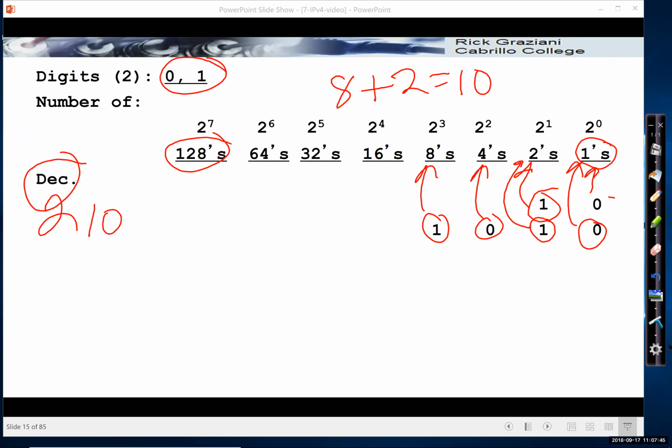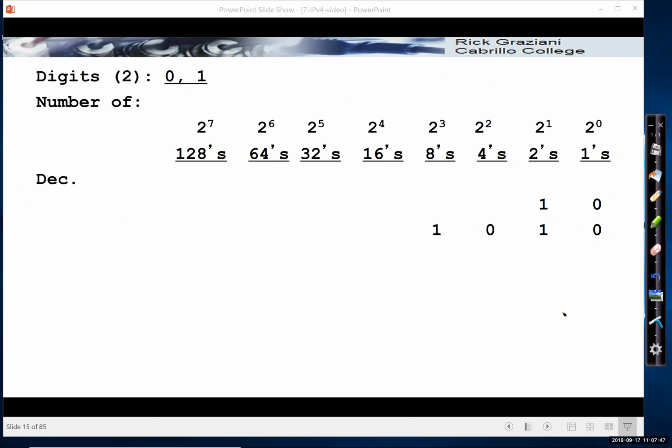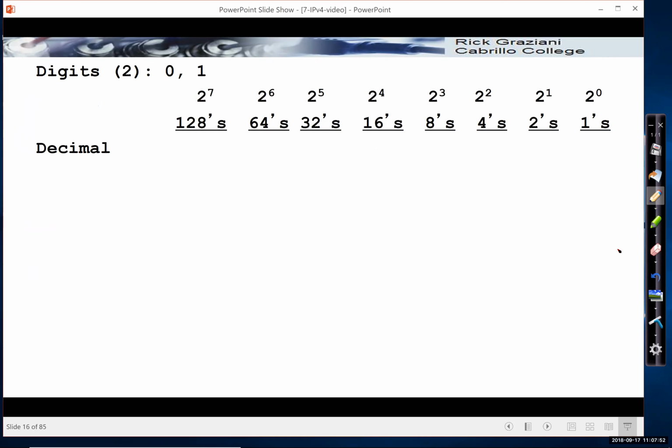Let's do a few others here. How about if I put 1, 1, 0, 0? What would that be in decimal? Again, just count where you have the ones. You don't have to worry about the zeros.